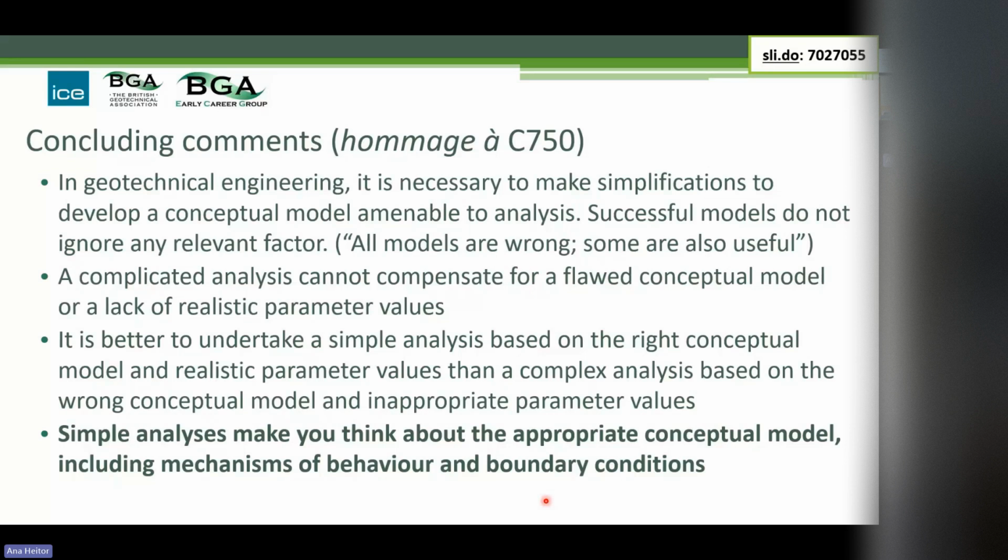The conceptual model has got to be amenable to analysis, and a successful model has got to take into account every relevant factor. But you don't want to cloud it all with lots of factors that are irrelevant. And you certainly don't want to introduce things that are demonstrably wrong because you couldn't be bothered to think about whether they should be included or not in the first place.